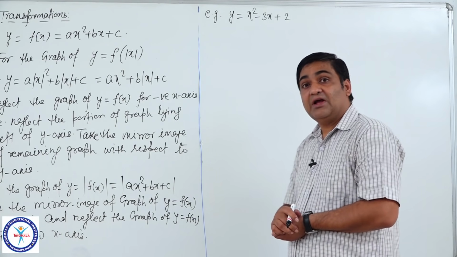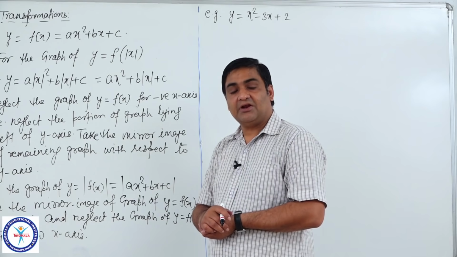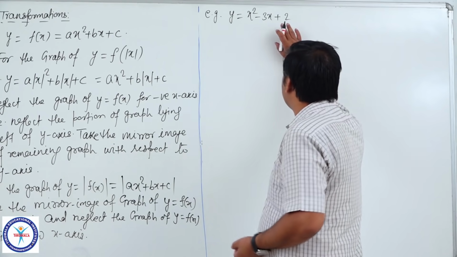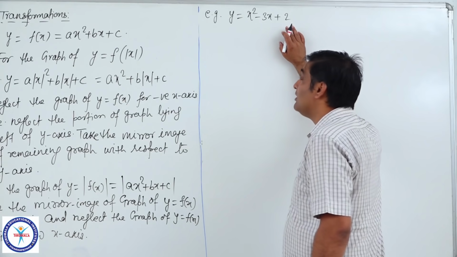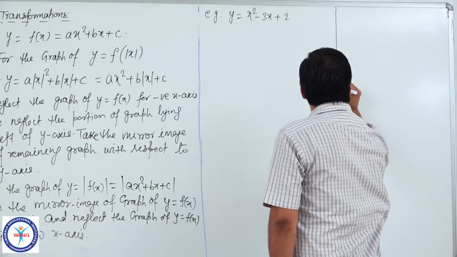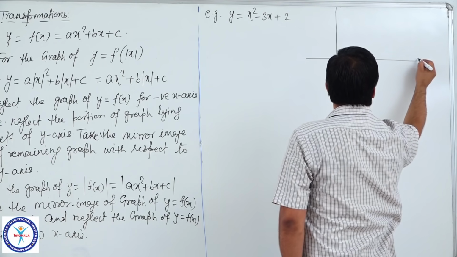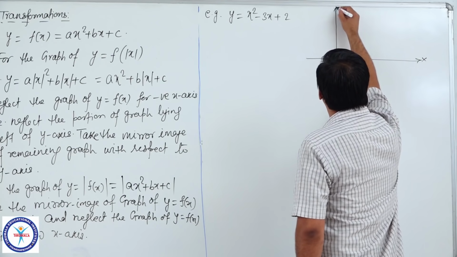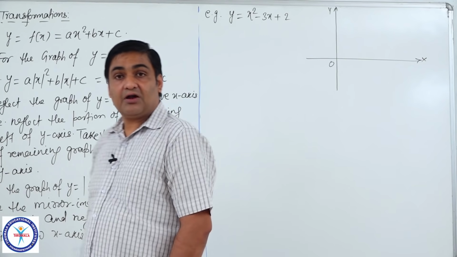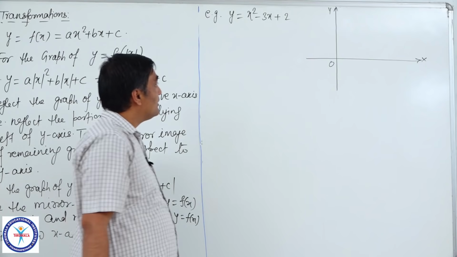Now, what is the graph? A greater than 0, parabola opening upward, roots are 1 and 2.